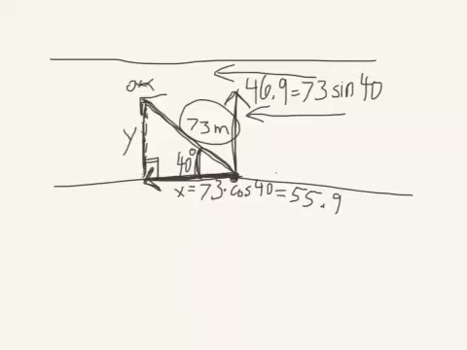And here's something important to realize. We could either say that he's displaced himself 73 meters in this direction, or we could say that he's displaced himself 46 meters in the y direction and 55 in the x direction.